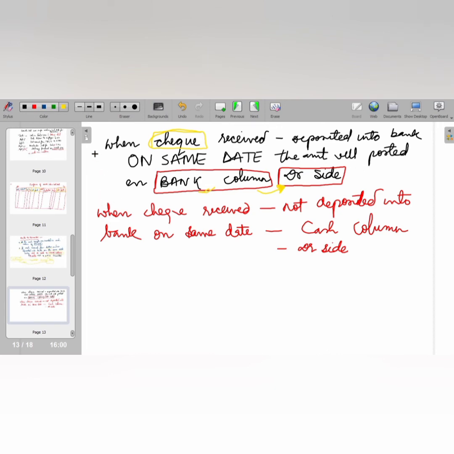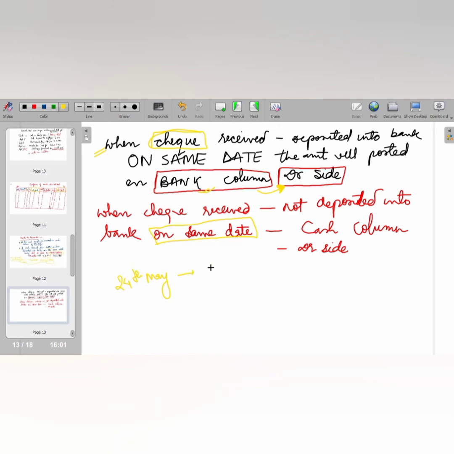Fine. The next point, when the check is received and not deposited into the bank on the same date. See, on the same date. Now what we do, today we have received the cash. Okay, suppose 24th May.